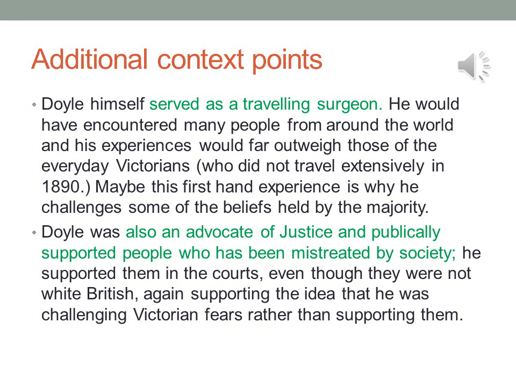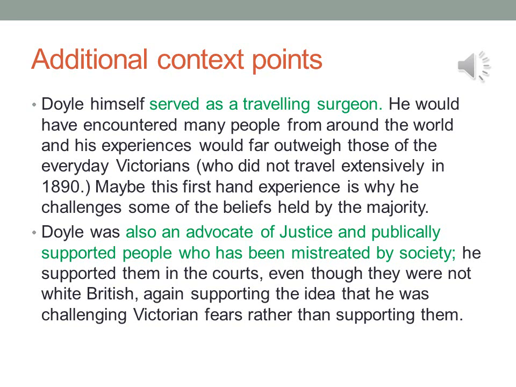Another thing that you could talk about to support the idea that maybe Conan Doyle was encouraging society to challenge popular beliefs was the fact that he was an advocate of justice, and he had publicly supported people who had been mistreated by society. He supported an Indian man, he supported a German person, people who were not seen as British and might have been feared or treated differently.